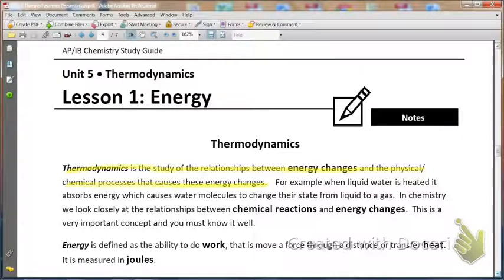In chemistry, we look closely at the relationships between chemical reactions and energy changes. And this relationship is what we will focus on quite a bit throughout this unit. This is a very important concept and you must know it well.